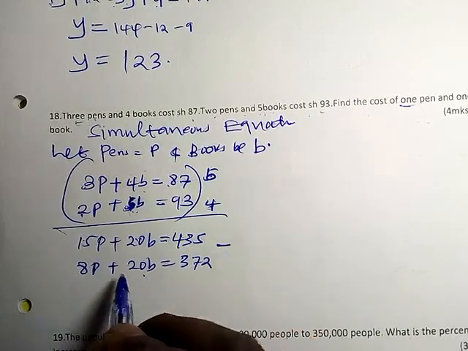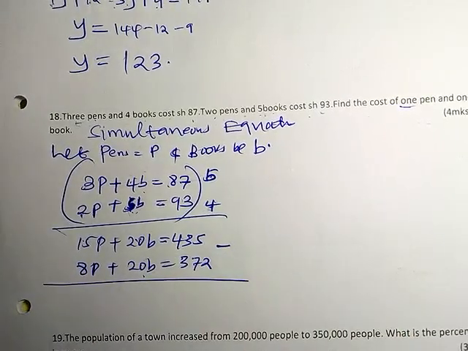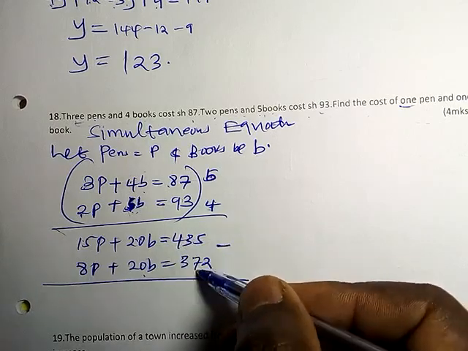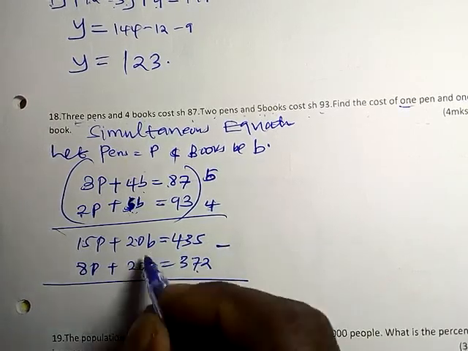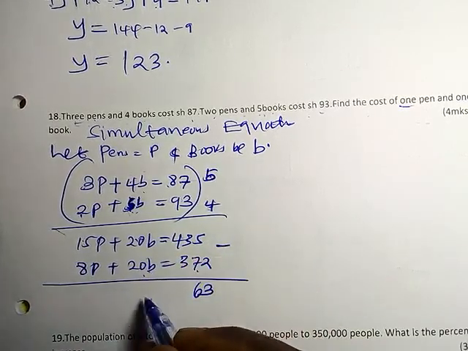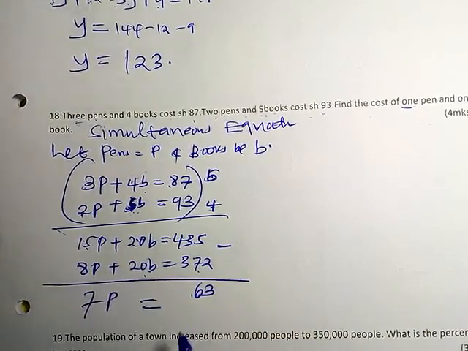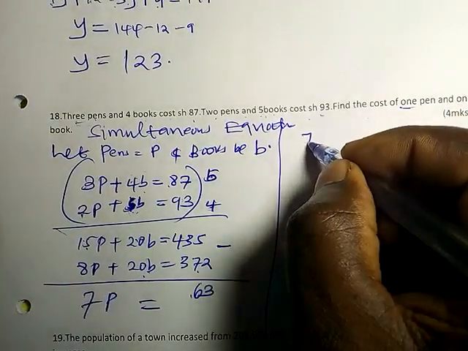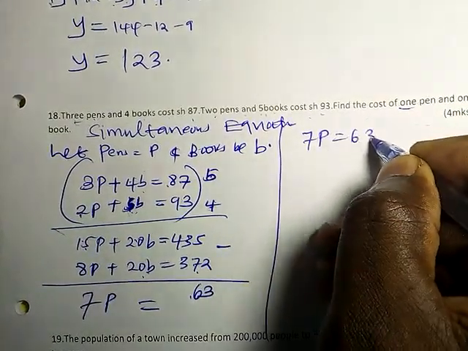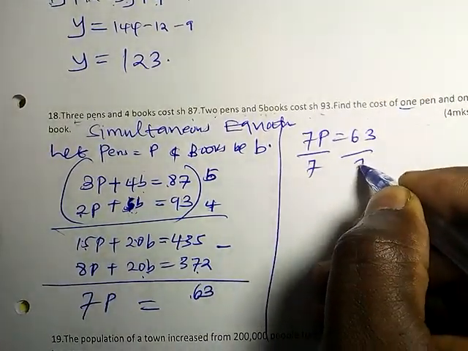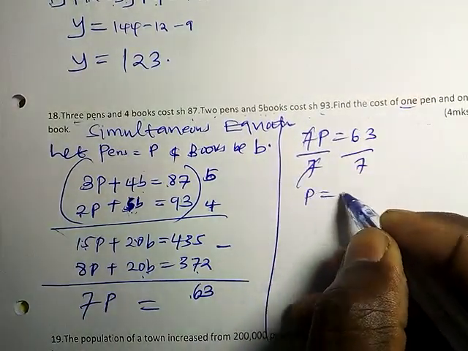So we are going to subtract and eliminate that. Subtracting, you get 63. 20 minus 20 is 0B, and then 15 minus 8 is going to be 7P equal to 63. So 7P equal to 63, meaning that P, you divide both sides by 7, so P equal to 9.